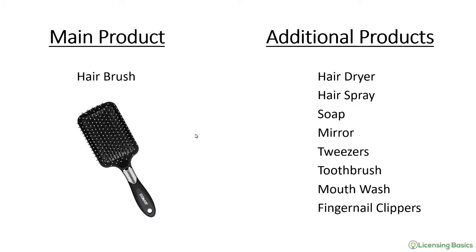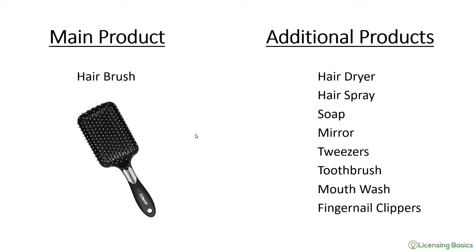Here is an actual demo of how I would do mix and match. I would come up with a single product that I wanted to add additional features to. So in this case, we have a hairbrush. The additional products that we could add to the hairbrush are, let's say, a hair dryer, hairspray, soap, mirror, tweezers, toothbrush, mouthwash, fingernail clippers.